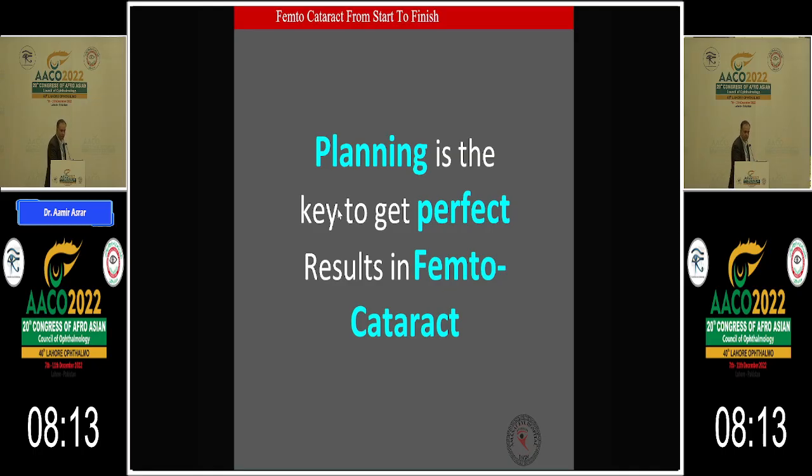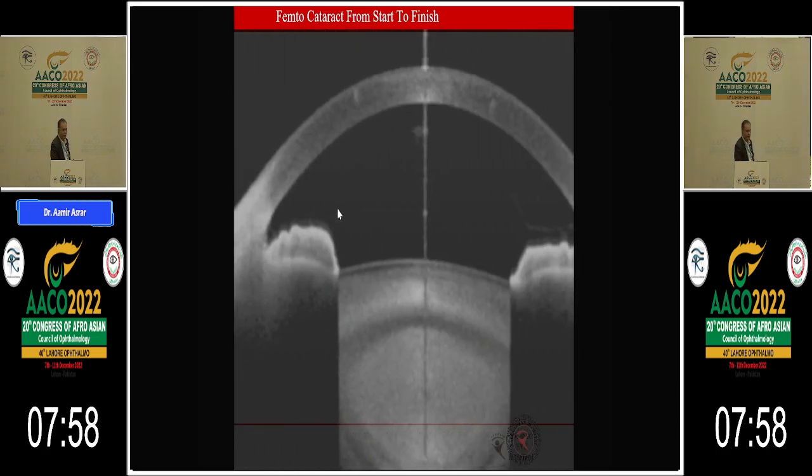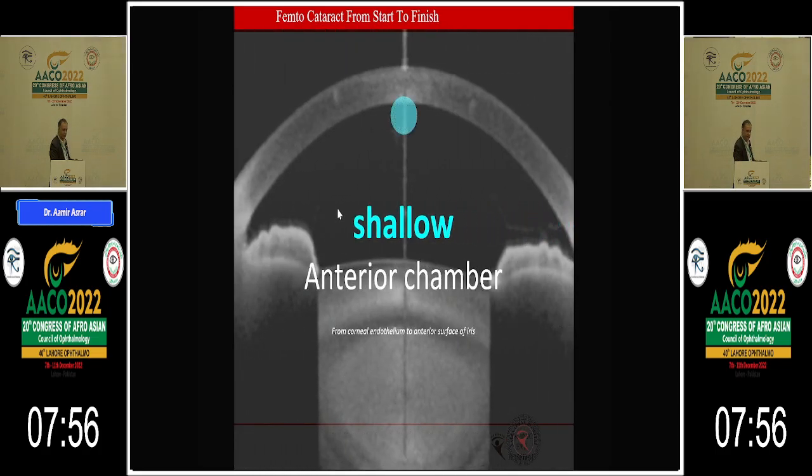When we are planning for a femtocataract, initially it is important to have good patient selection. As the confidence grows, we can carry on with general normal cases or difficult cases as well. Initially I thought of a shallow anterior chamber, as Dr. Yahya has already mentioned.